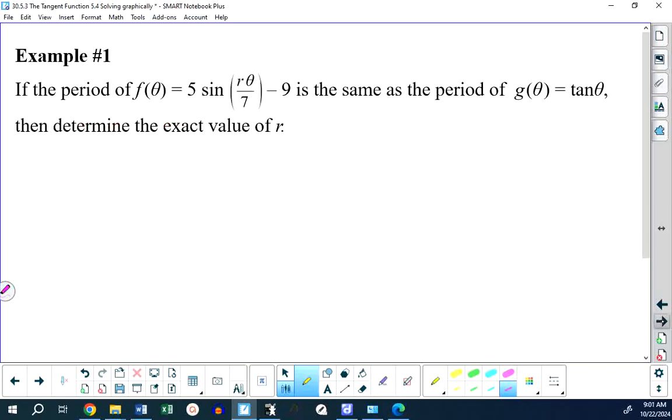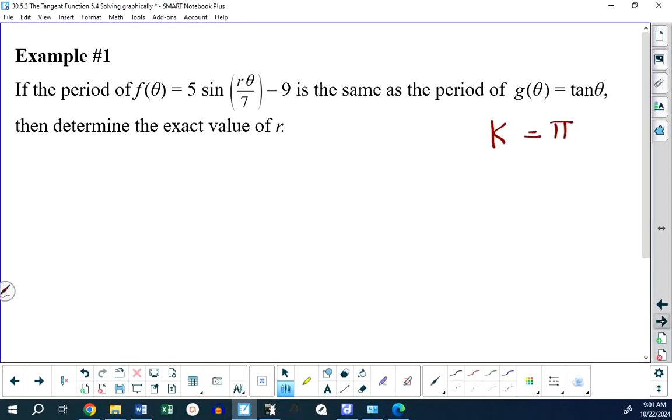One quick example with this. This is maybe a type of question you might see on an exam. If the period of f of theta equals 5 sine r theta over 7 minus 9 is the same as the period of tangent, then what is the value of r? Well, we know that this period is pi.